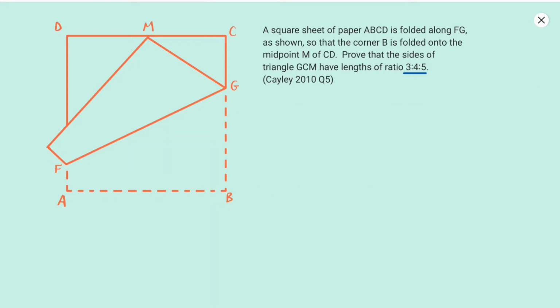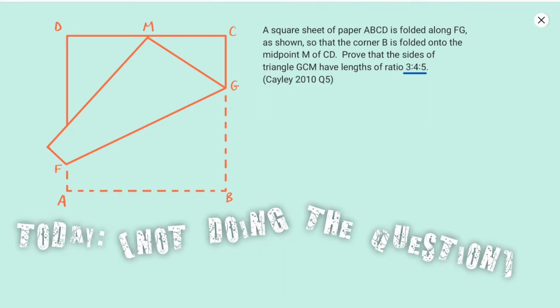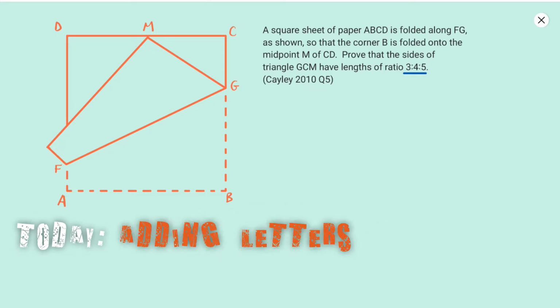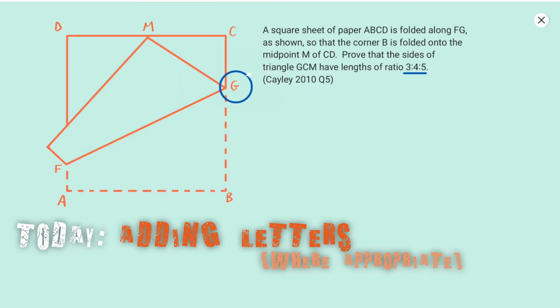Okay, so we'll have a quick look at the beginning now, because this is where we're going to get most of our information from. The skill that we're looking to introduce for you today is not doing the question, it's part of the question. And that is adding letters where appropriate. So if we think about this whole square, do we know the point where G is folded up? That's this point right here. Do we know how far that is?